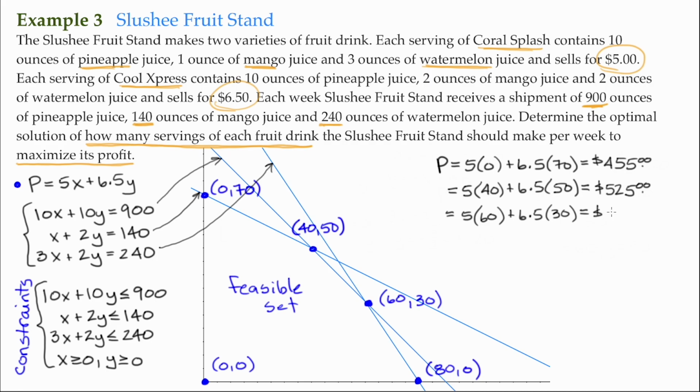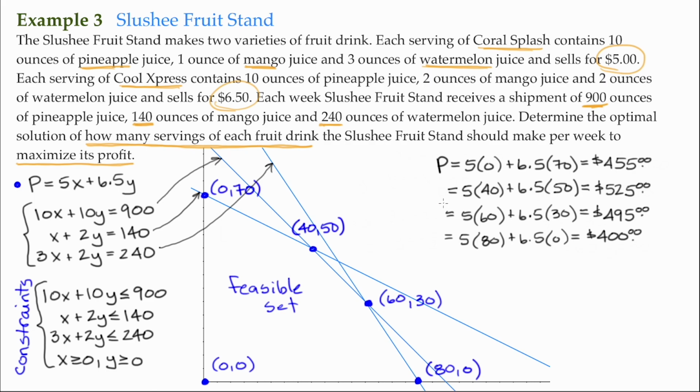So we have a total of $495. And finally, we'll try this one down here. So that's going to be 5 times 80 plus 6.5 times 0. 5 times 80, that's $400.